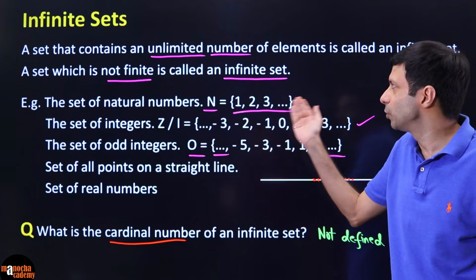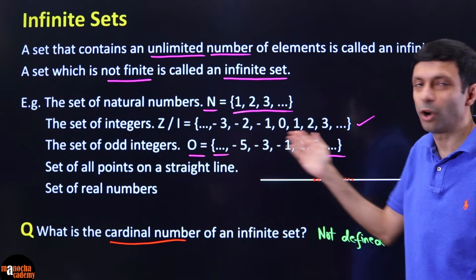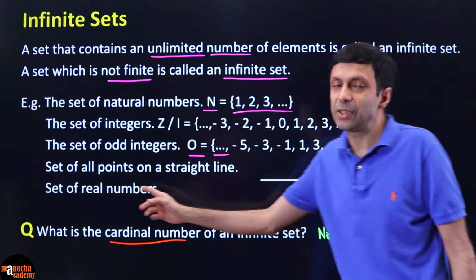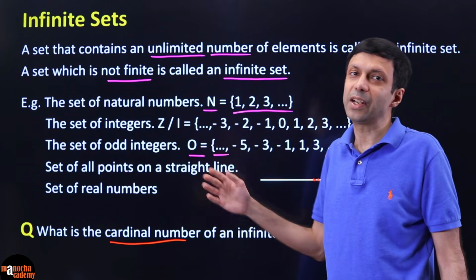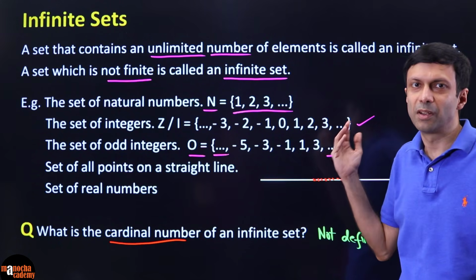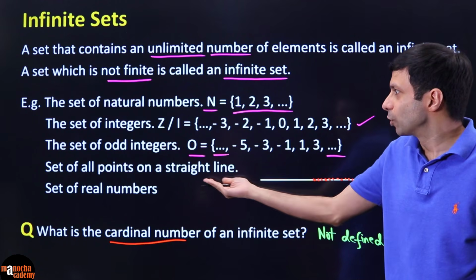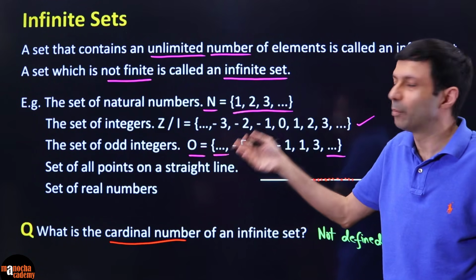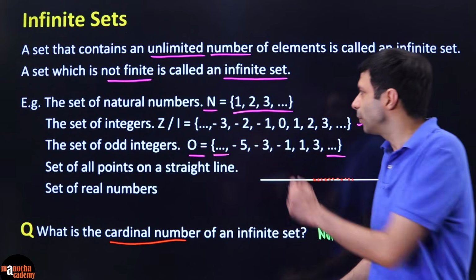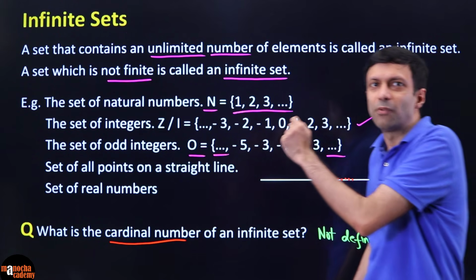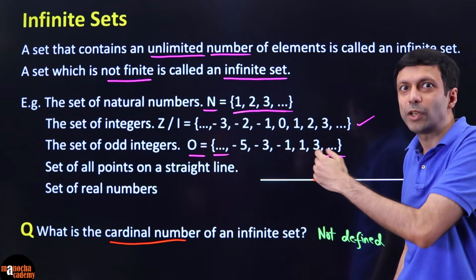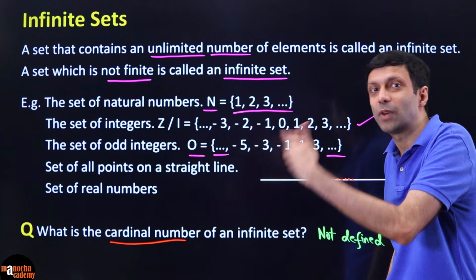Like natural numbers, we represented integers or odd integers. But how will you represent the set of real numbers if I tell you to represent it in roster form? Can you do that? Of course, real numbers include all natural numbers or integers, but there are numbers in between also, right? Like you can have 1.1, 1.2, 1.3 and so on, 1.31, 1.32.